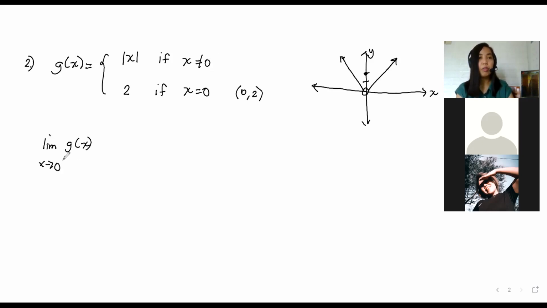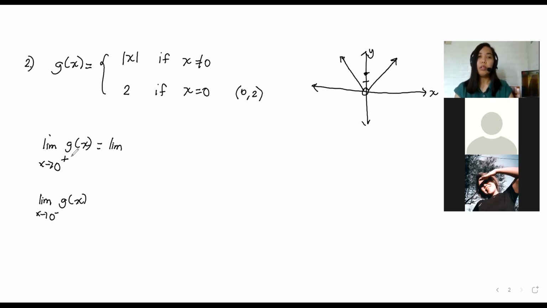So we'll check 0 from the right and 0 from the left. The limit of g of x as x approaches 0 from the left. By the way, class, this one is written under the lim. So we read this as the limit of g of x as x approaches 0 from the right, and this one, the limit of g of x as x approaches 0 from the left. Okay, so we're going to choose a function.